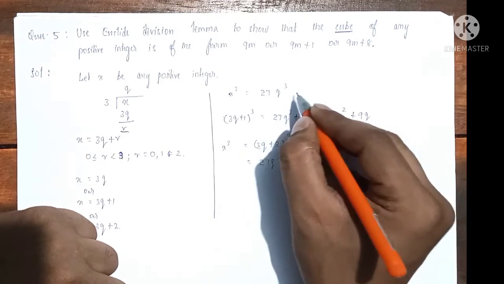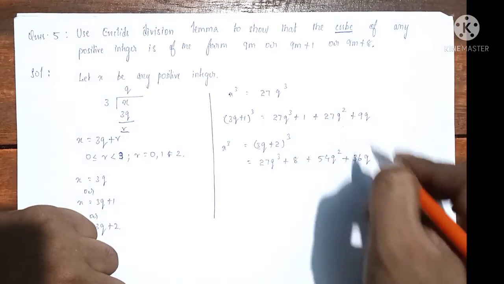Now what we have to do? We have to take 9 common from all these.